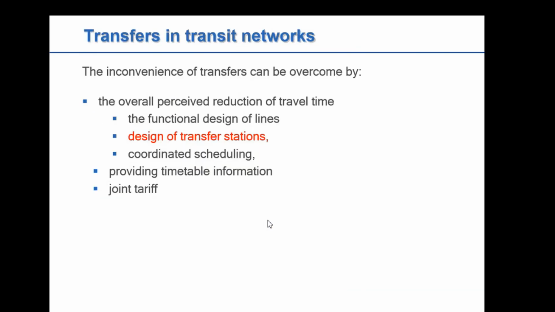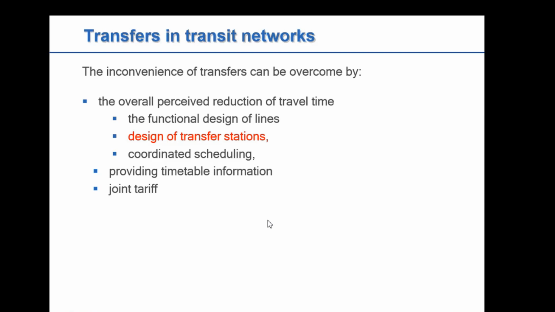The third point is how we can reduce the inconvenience through the design of the transfer station. Okay, so usually we have these six factors which we need to consider whenever we are planning or building public transportation.